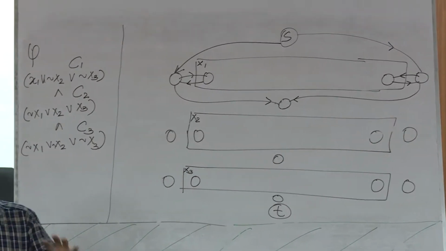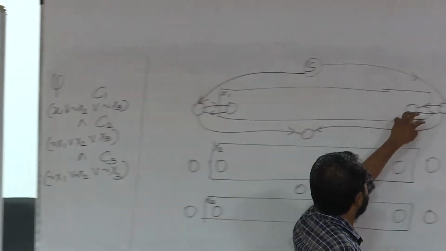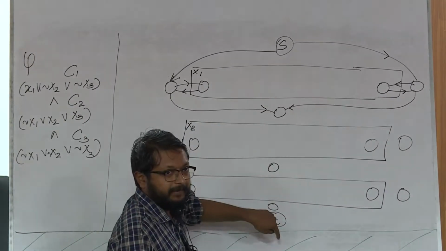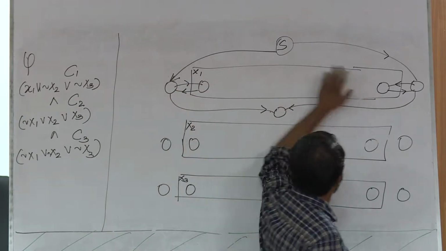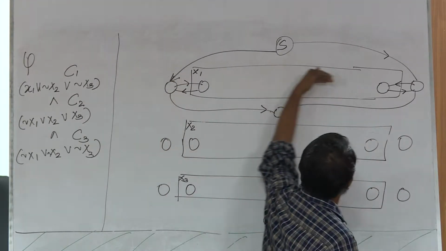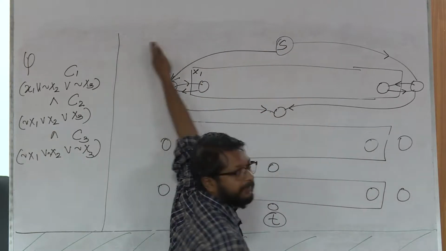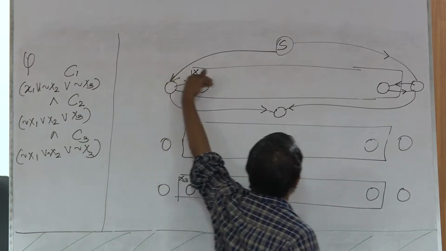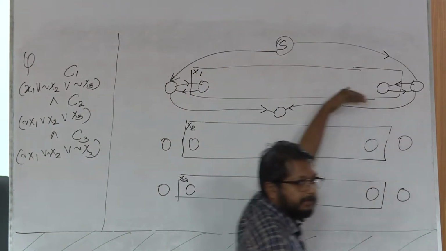Gadget means a collection of vertices which forms a graph, that is all. So, I will put my graph such that any Hamiltonian S-T path must enter this set of vertices from here, either here or here, and then traverse all these vertices in order. It can go out and come back, but there will be some edges going out of the gadget and coming back, that we will worry about later. But you need to traverse all these vertices in this set in order, either this way or this way.